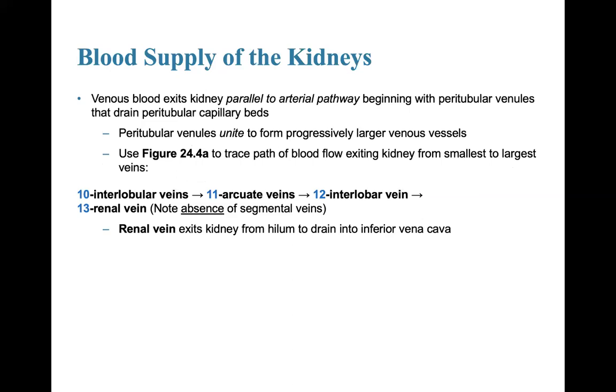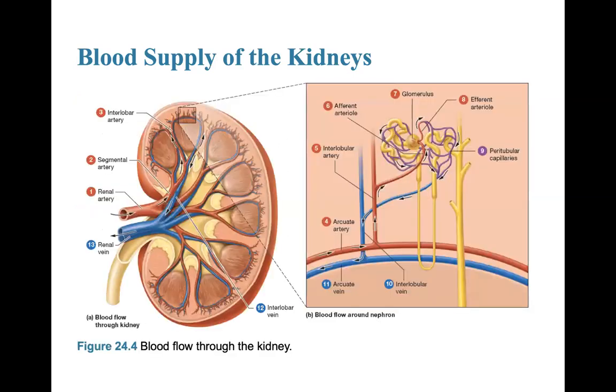The peritubular venules will unite to form progressively larger venous vessels. And you now have the interlobular veins, which will drain into the arcuate veins, into the interlobar vein, and then back into the renal vein. The renal vein will then exit the kidney from the hilum, and then that will drain into your inferior vena cava, which will go back to the right atrium of the heart.